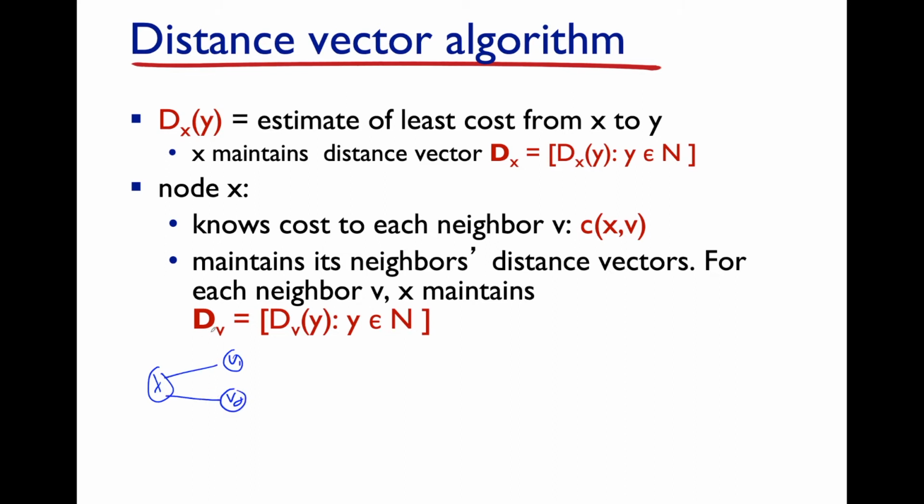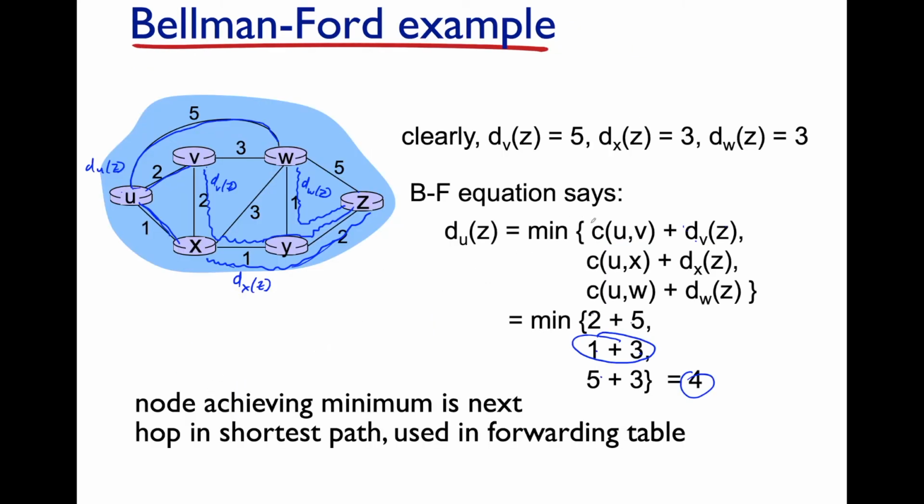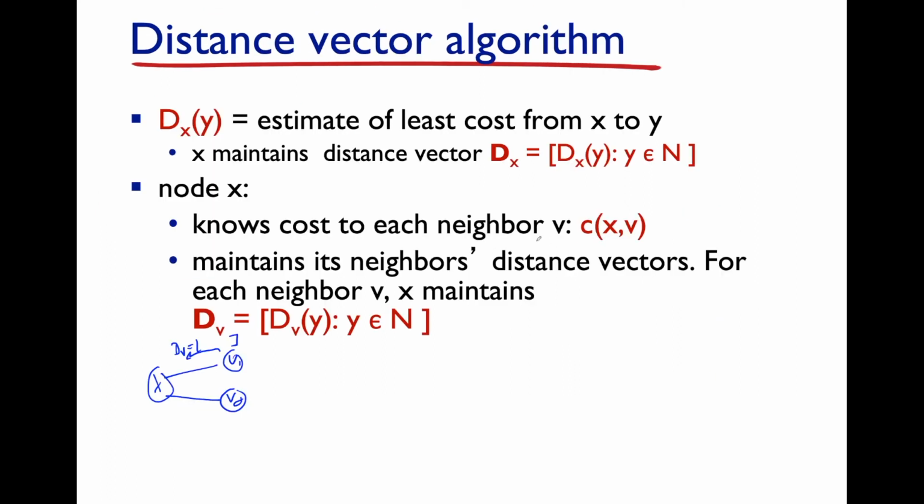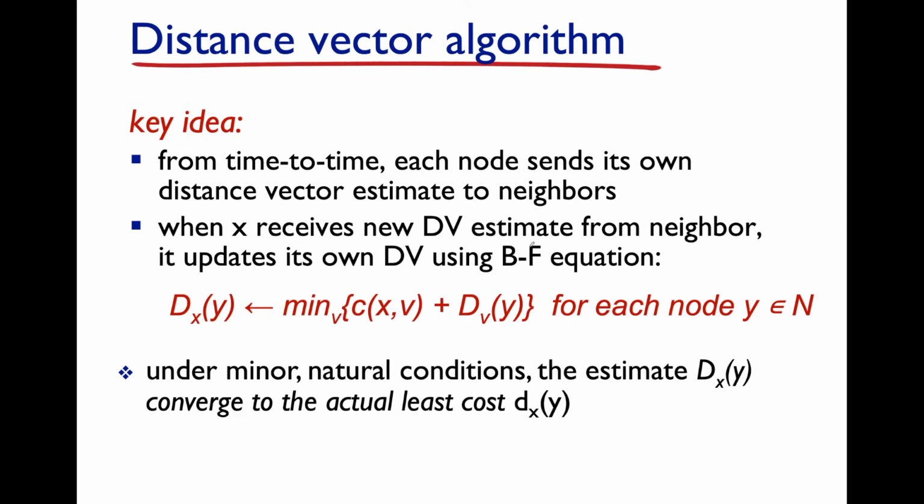Now, X is going to get a copy of V's distance vector, D sub V, to get to each one of those nodes in the network from V. And so once X gets all of these distance vectors from its neighbors, it can then evaluate using the link cost plus the distance vector of its neighbors, D sub V, D sub X, D sub W, in order to compute which neighbor is most fruitful to go through as an intermediary to get to that destination node Z. Okay, so let's look at our key idea here.